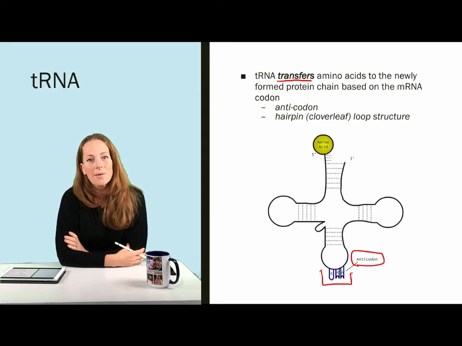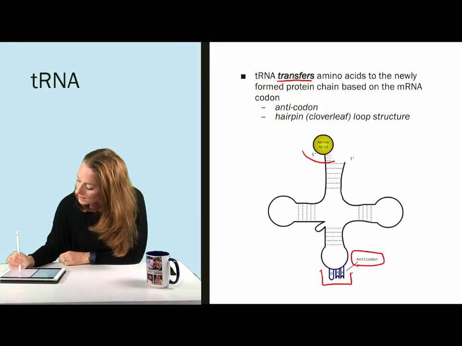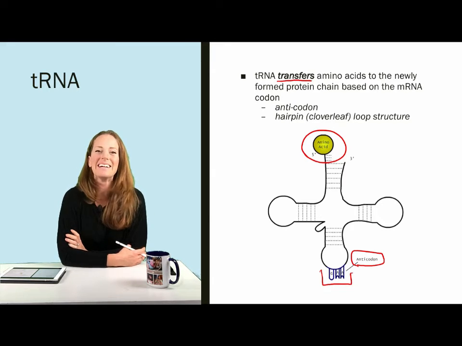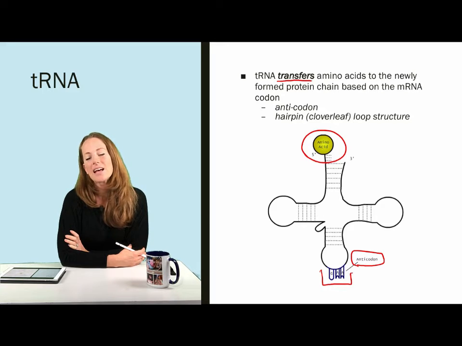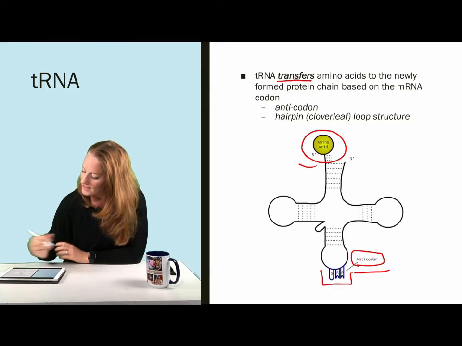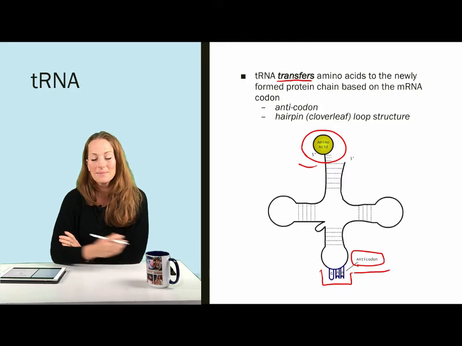Those anticodons will recognize the mRNA code and bring in the correct amino acid based on the reading of that code. tRNA has this interesting hairpin loop structure, or because nobody wears hairpins anymore, your textbook calls it a cloverleaf pattern. So it's a hairpin or a cloverleaf pattern to the tRNA where we have anticodons and amino acids.